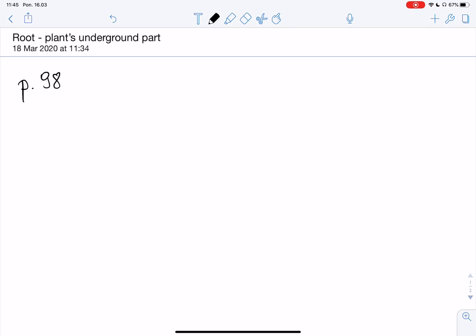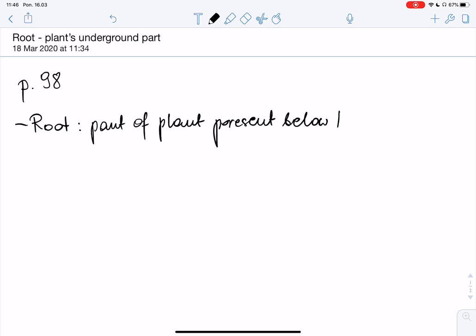First of all, what is a root? A root is a part of the plant that is present below the ground.